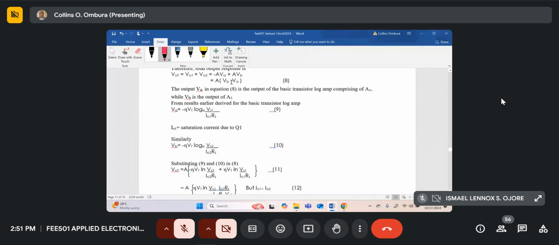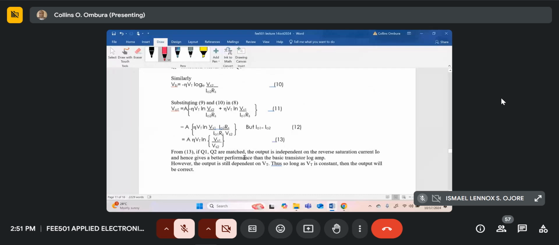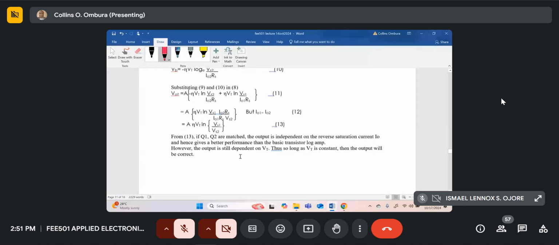So this minus in 8 for VA, and there's a minus of minus neta VT in equation 9, and this minus makes it positive. So that's why I've included the second term here as positive. So now we just go to simplify expression 11.